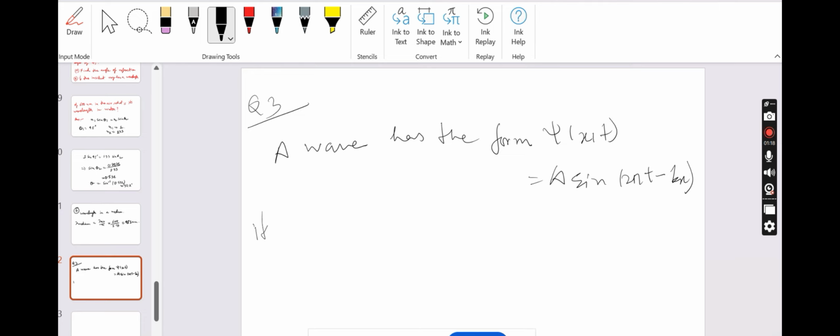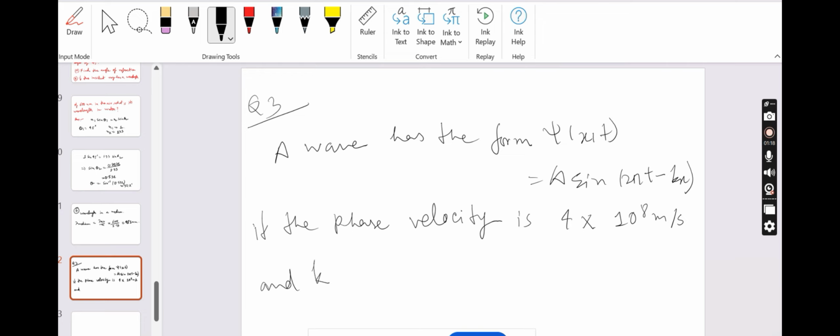If the phase velocity is 4 into 10 to the power 8 meter per second and k is 2 into 10 to the power 6 meter inverse, find the angular frequency.